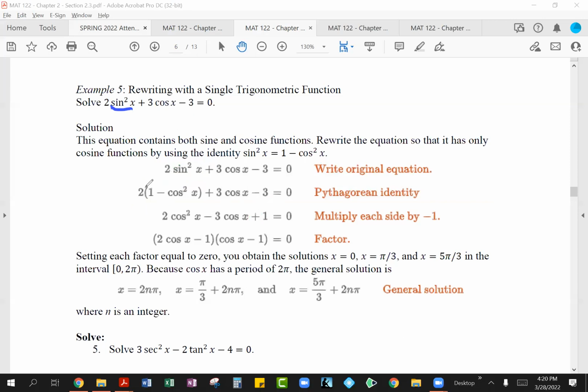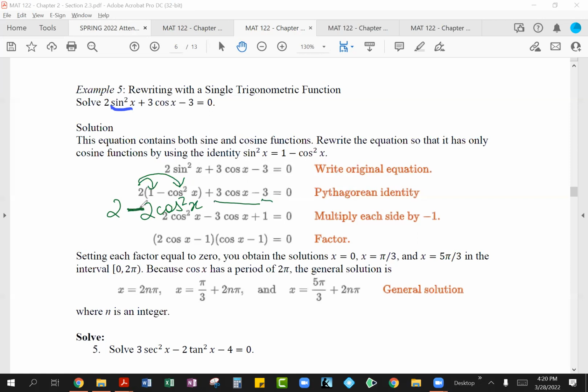Okay. So basically go ahead and distribute that 2. So you'll end up with 2 times 1, which is 2, 2 times cosine squared of x. And I can see actually what happened here. So you end up getting 2 minus 2 times cosine square of x. And then, of course, plus 3 cosine of x and minus 3.